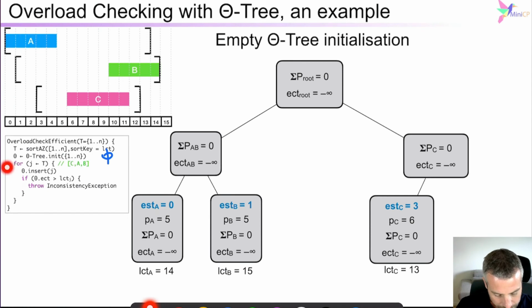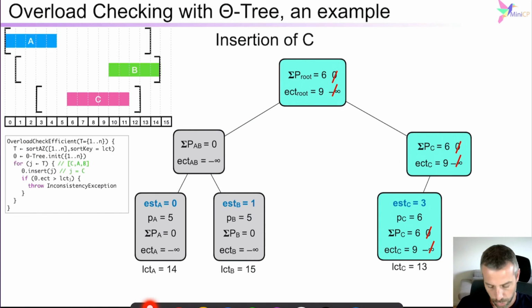Then we will iterate. We go inside the for loop, and we will iterate first on C, then A, then B. And for each of them, we will insert them in the theta tree. So let's start with the insertion of C. You update everything there, starting from the leaf node corresponding to the activity C up to the root node. You update everything according to the formula that we have seen for the theta trees.